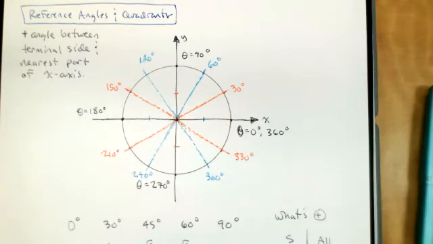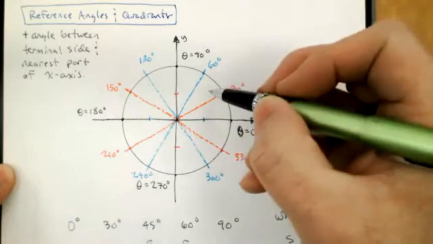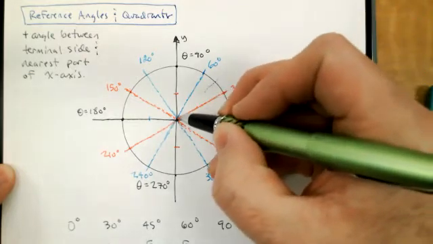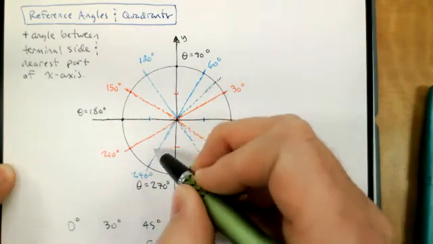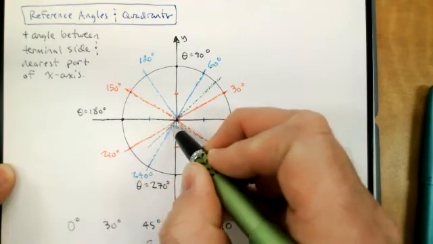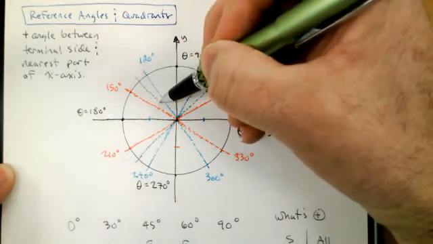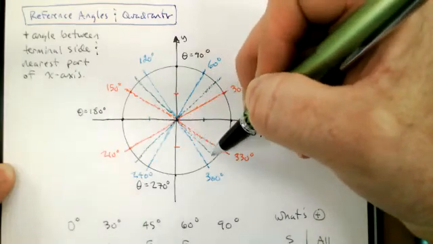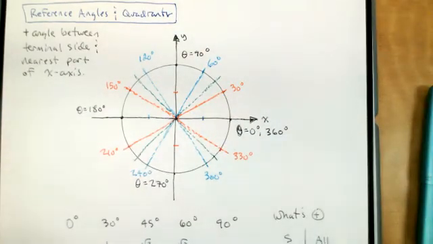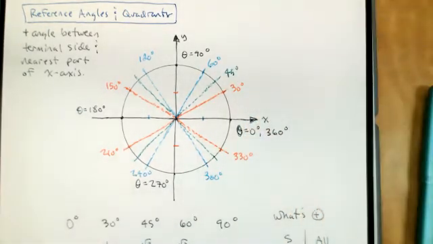And finally, we want to recognize our 45-degree angles. So here we'll just go halfway up. And we will want to recognize our 45-degree reference angles in each of the 4 quadrants.